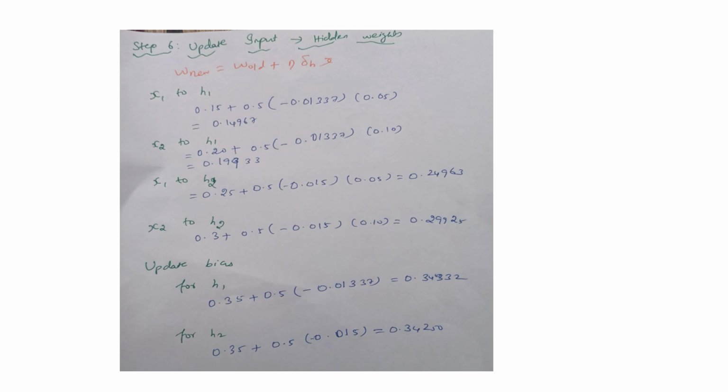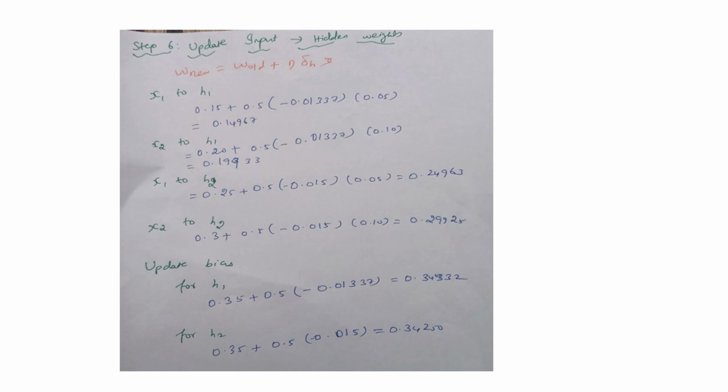After updating, we get the weights. 0.15 is changed to 0.14697, and x2 to h1, the old weight was 0.20, is updated to 0.19933. The old weight from x1 to hidden layer 2 was 0.25, and it is updated to 0.24963.